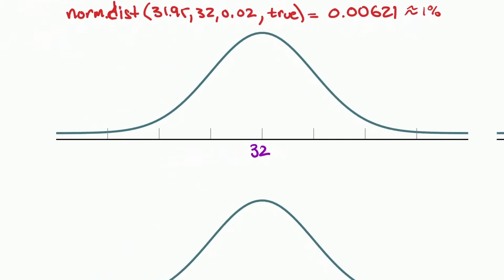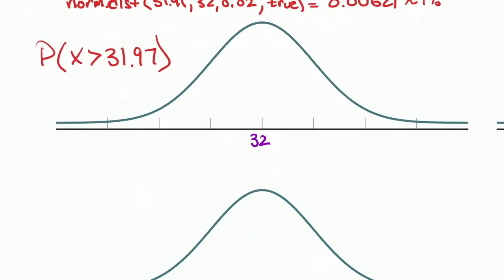All the rest of the stuff is the same, it's just that I'm trying to find the probability of being greater than 31.97. So draw on your picture, you've got a new curve, put 32 in the middle, put 31.97 about where it's supposed to be.